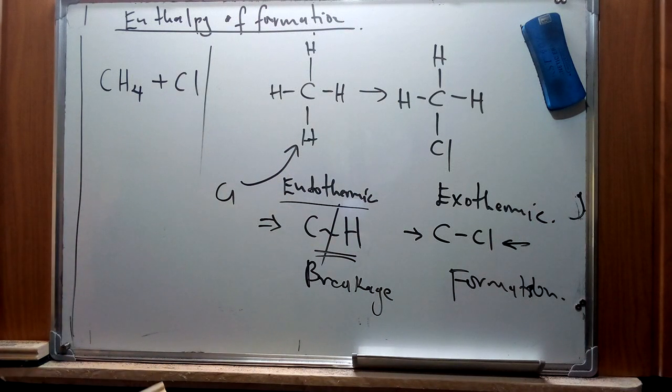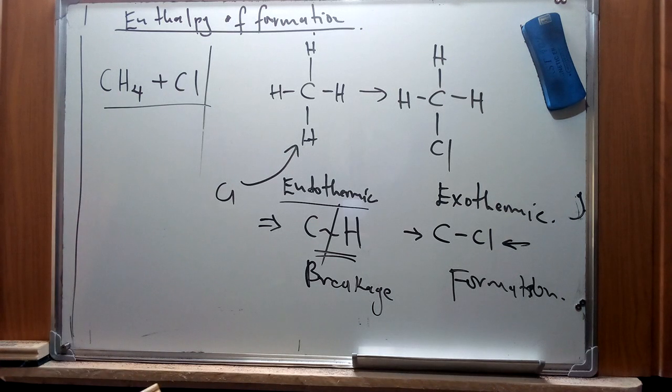Now going back to the illustration that we have given for methane and chlorine, methane is a molecular compound that is made up of carbon and hydrogen, which are held together by strong covalent bonds, as I've already mentioned.